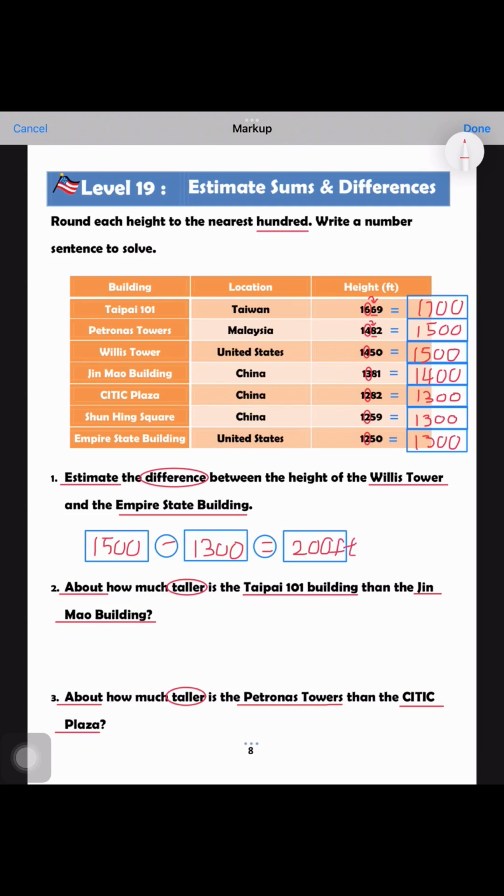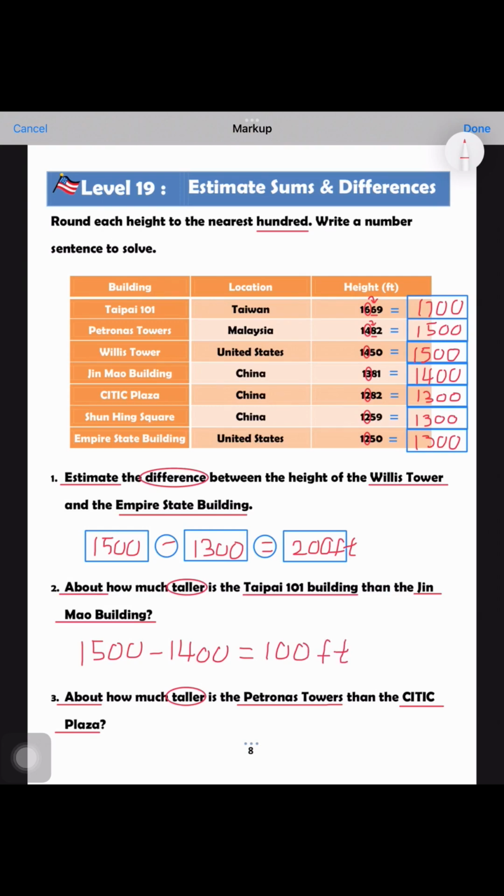Question 2. About how much taller is the Taipei 101 building than the Jinmao building? The number sentence will be 1,500 minus 1,400. The answer is 100 feet.